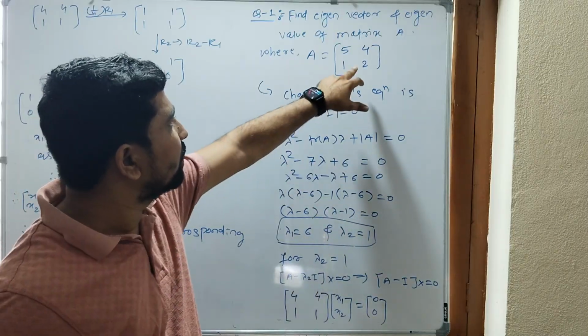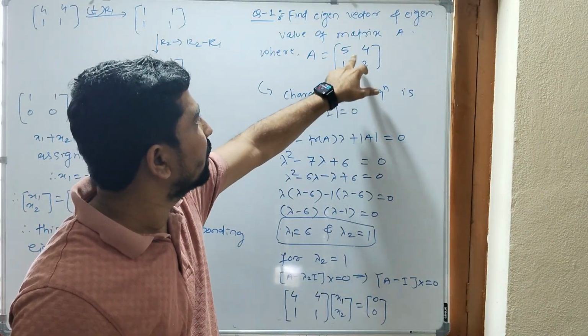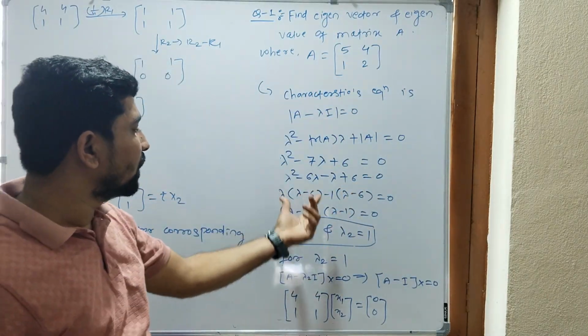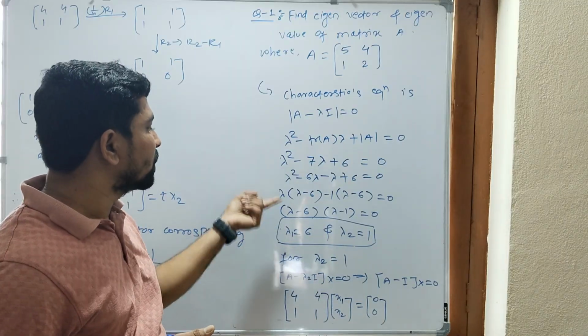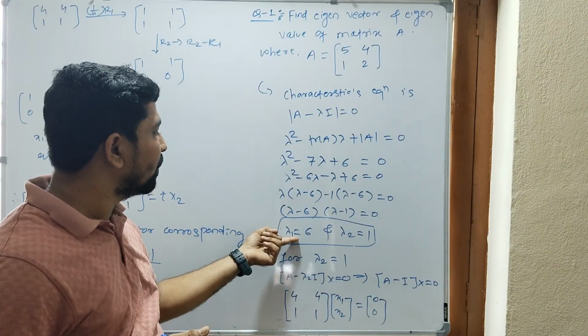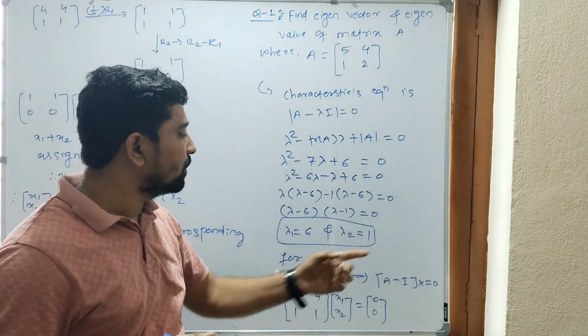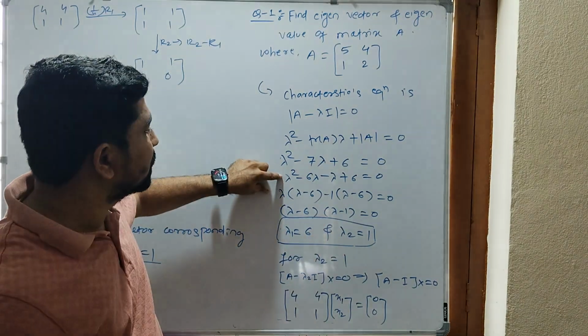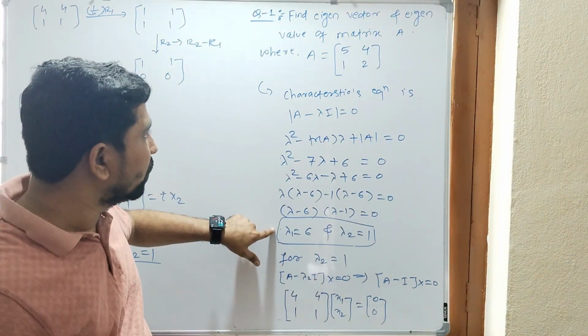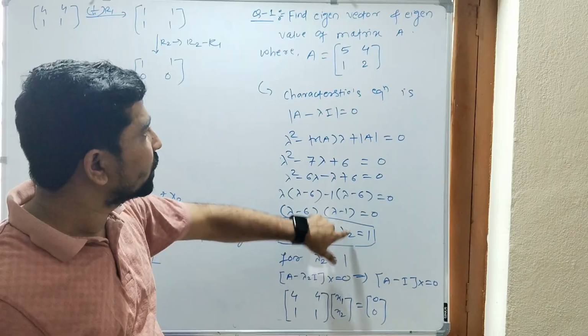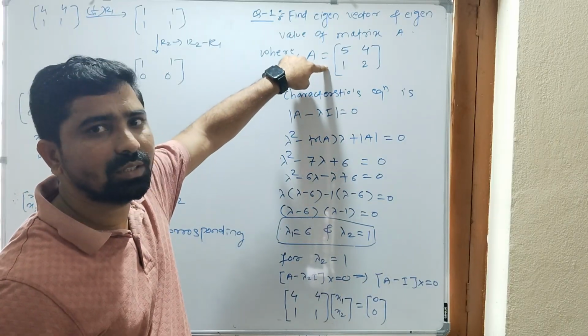So 7 into lambda, plus the determinant of this matrix, 10 minus 4, that is 6, equal to 0. Just find the roots of this quadratic equation in terms of lambda. Lambda 1 equal to 6 and lambda 2 equal to 1 are the roots of this equation. So lambda 1 equal to 6 and lambda 2 equal to 1 are the eigenvalues of this matrix A.